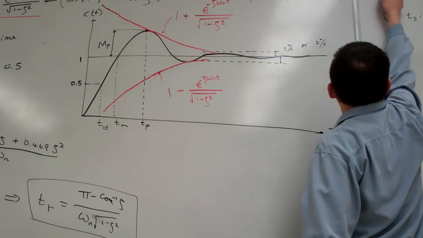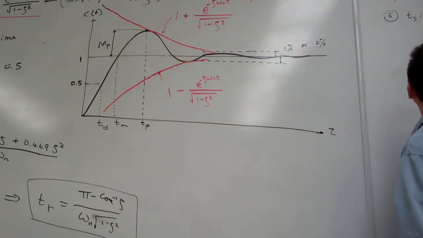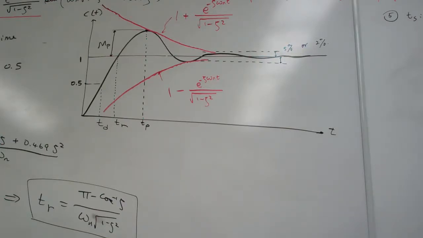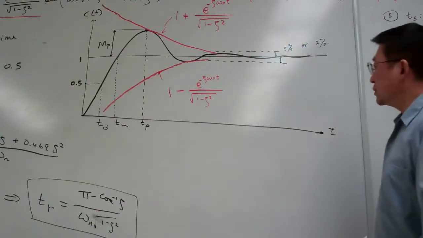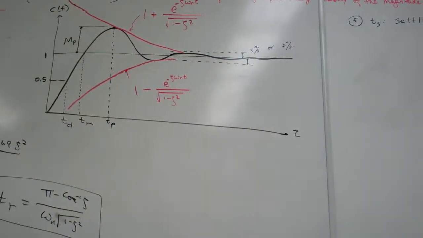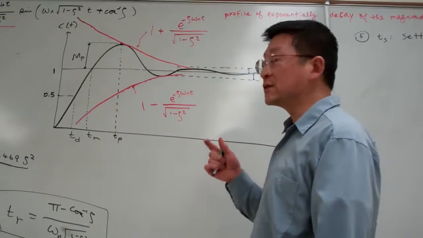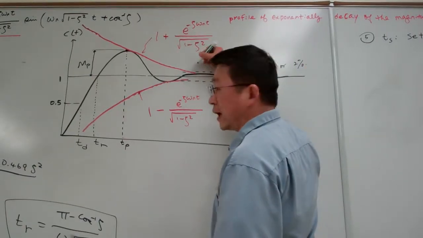Decay of the magnitude of c(t). So from here we define the TS in this way. We have two values, and the two values are basically the same.